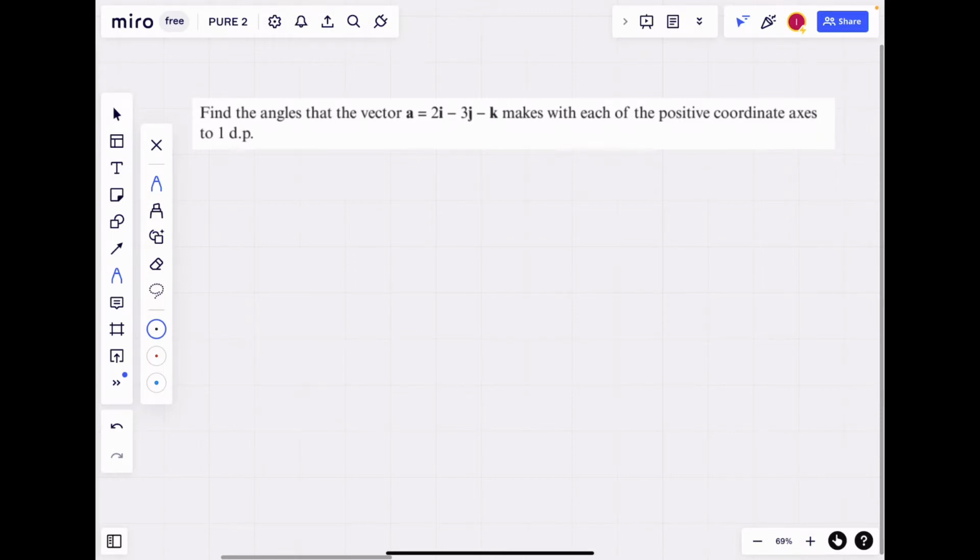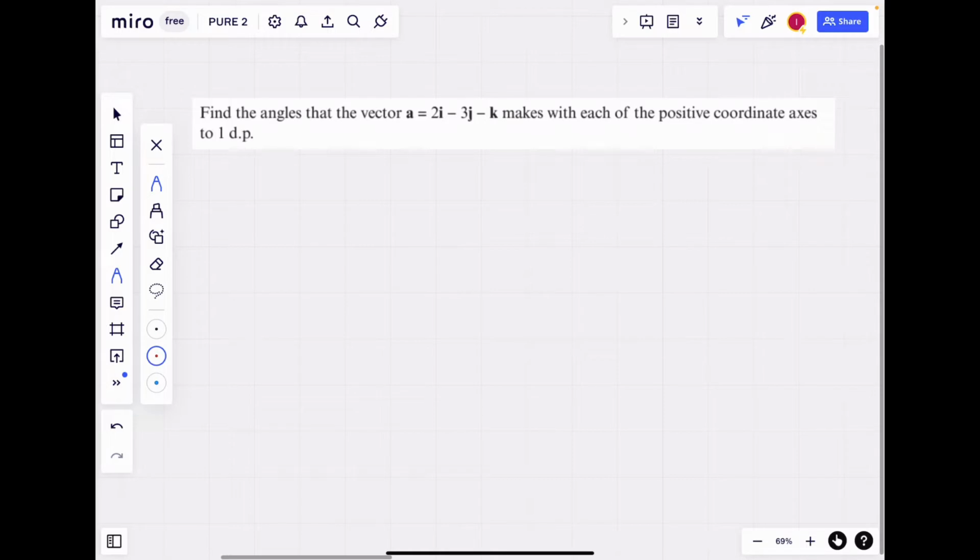Now, what you also need to know now is how you work with angles. So it says find the angles that the vector a equals 2i minus 3j minus k makes with each of the positive coordinate axes to 1 decimal place. Okay, there is a formula which you can use for this.